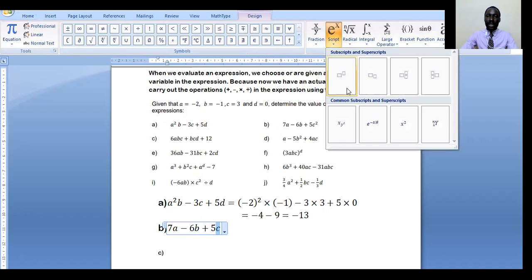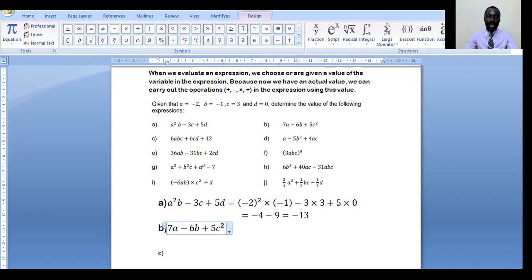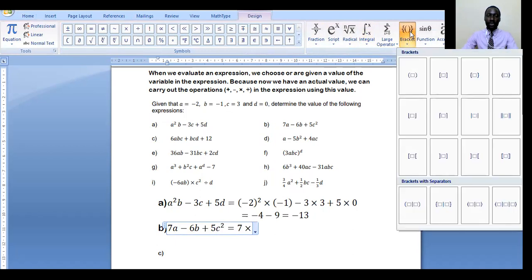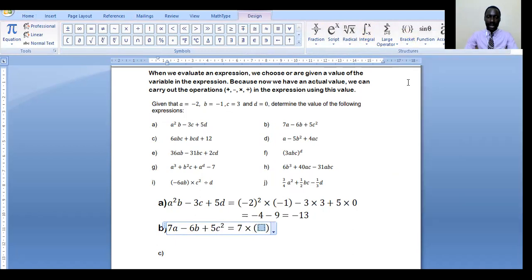Notice that a is negative 2, and so we are going to write 7 times negative 2. As I indicated earlier, when the value is negative, make an effort to put it right inside the bracket.